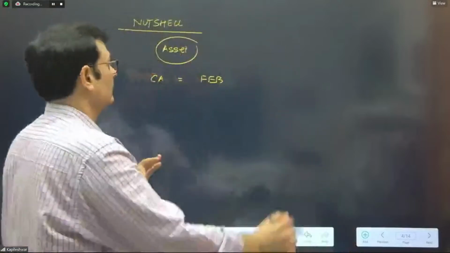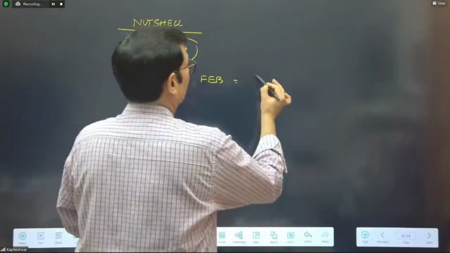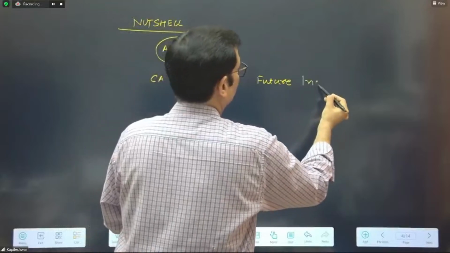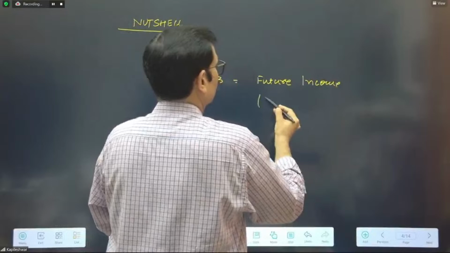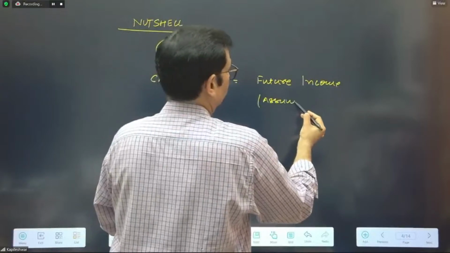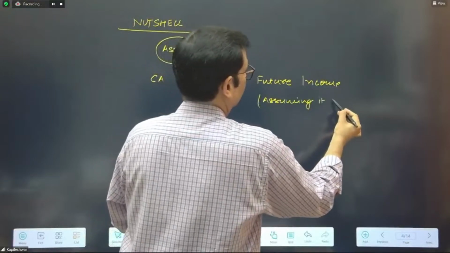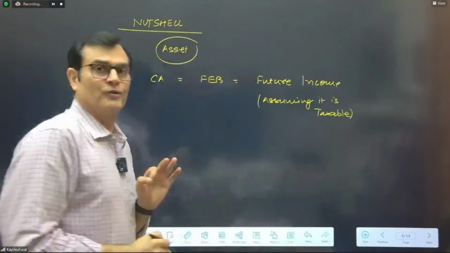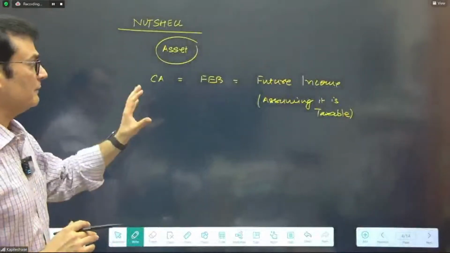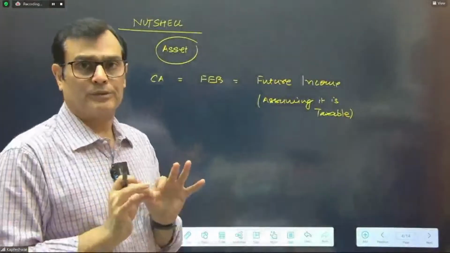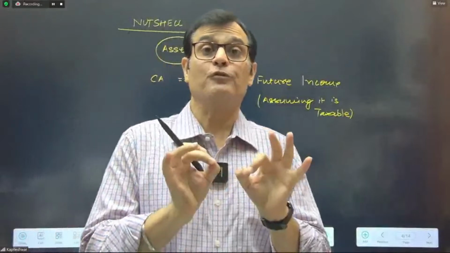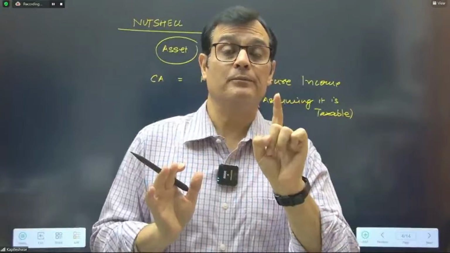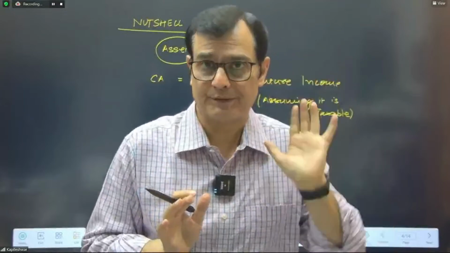I'm considering that if they are taxable, you can say a carrying amount always represents a future income, assuming it is taxable. So, in simple words, we need to appreciate that a carrying amount is as good as future economic benefits, is as good as a future income for the purposes of this standard.